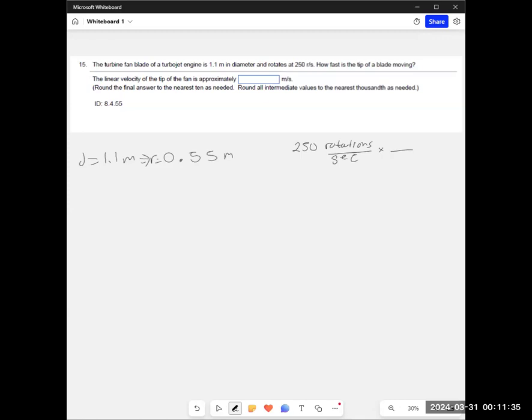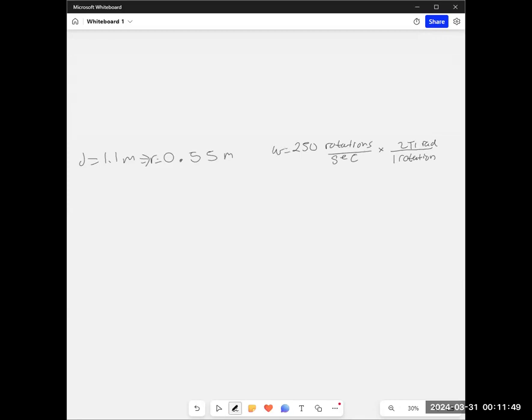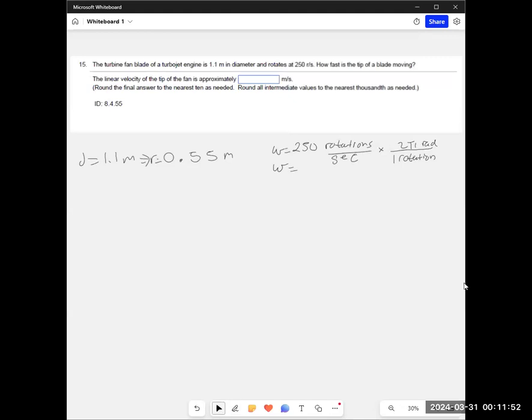And we need to change this into, one rotation is 2 pi radians. And so that's going to be omega, 250 times 2 pi, is going to give us 1570.796327 radians per second.